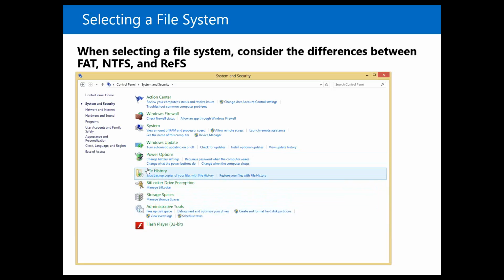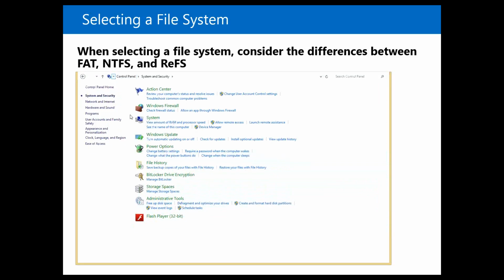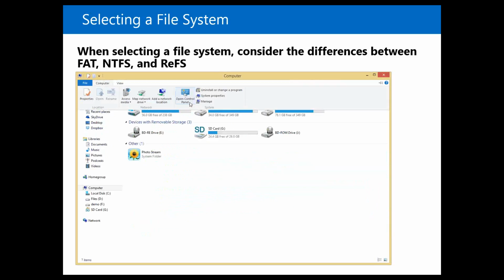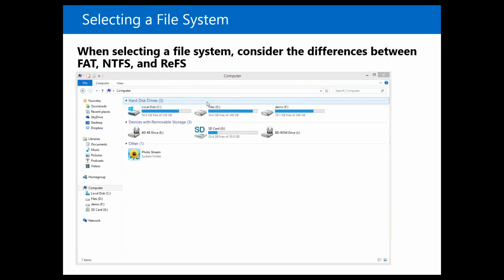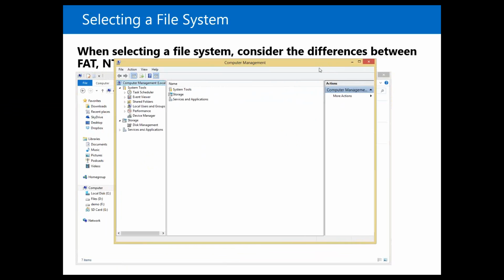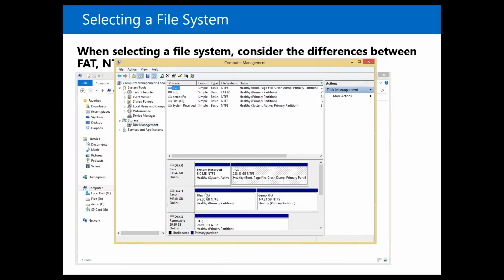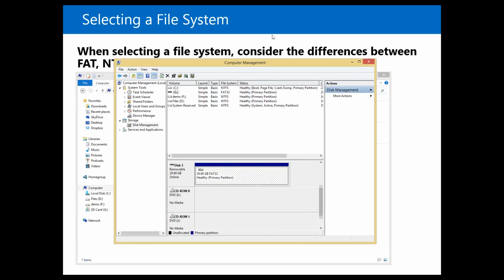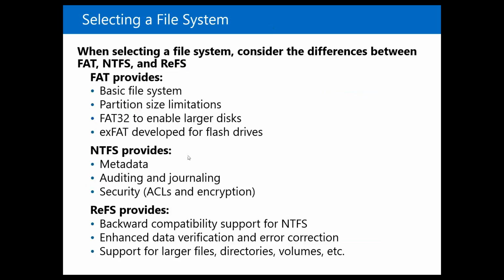Again, I would like to show you one more thing here. One second. I go to my computer. I go to manage. From there I go to disk management. And you will see that all my disks are NTFS. And this is a removable disk. It's FAT32. So what is this FAT32? What is this NTFS? FAT is the basic file system.